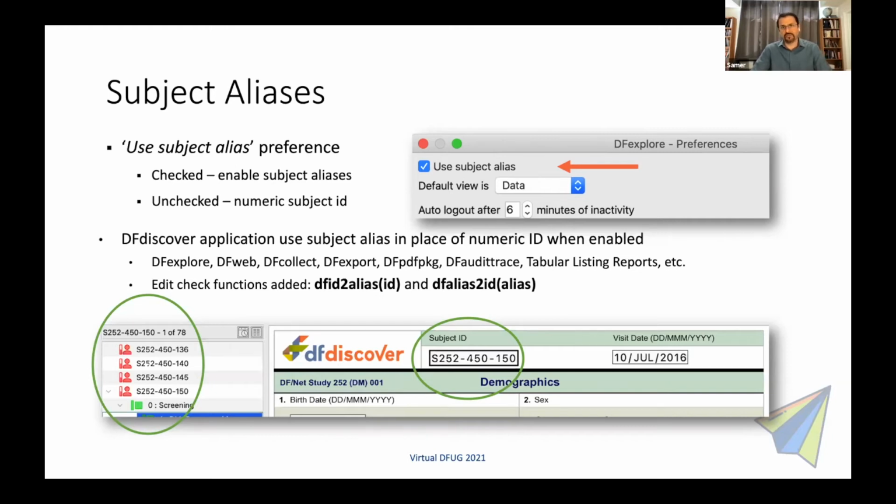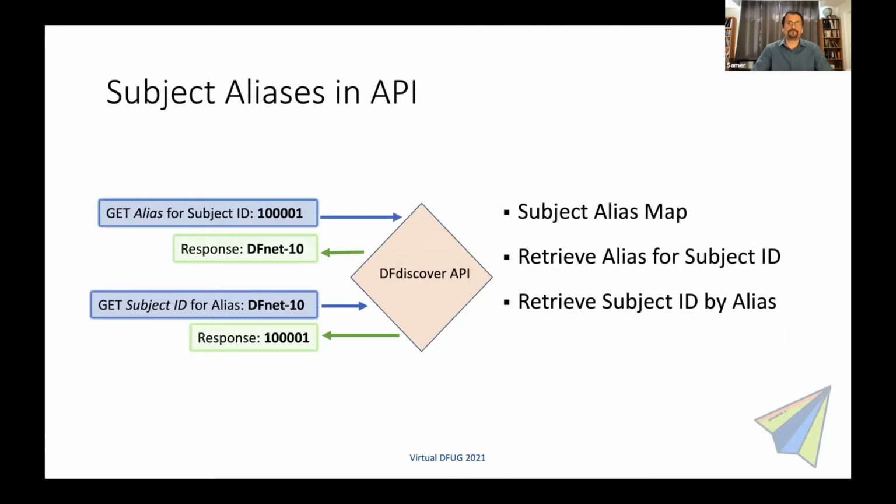Here in this screenshot, you will see that both the subject binder and data entry window now display subject aliases instead of numeric IDs. And also the API has been updated to include requests that offer interaction with the subject alias map to retrieve the subject alias for a subject ID, or vice versa, being able to get the subject ID for a subject alias.